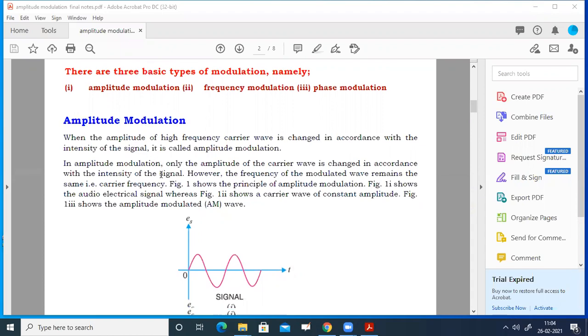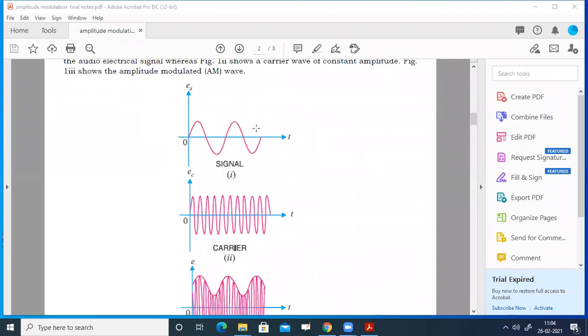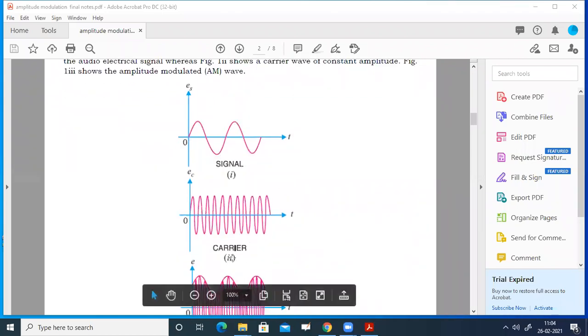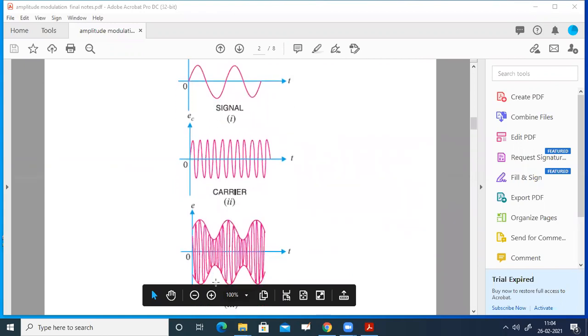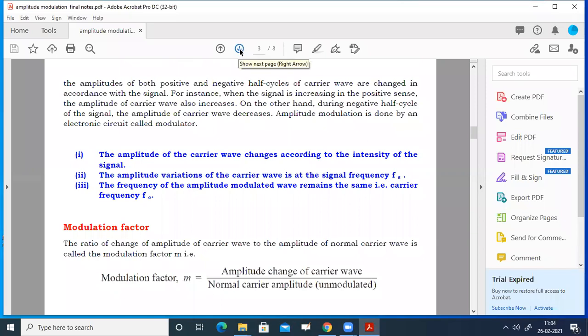Then what is the concept of amplitude modulation? This is your information signal, carrier, and figure C is the superimposition of your data signal and carrier signal. Next is the summary of AM, that is, the amplitude of the carrier wave changes with respect to the data signal.